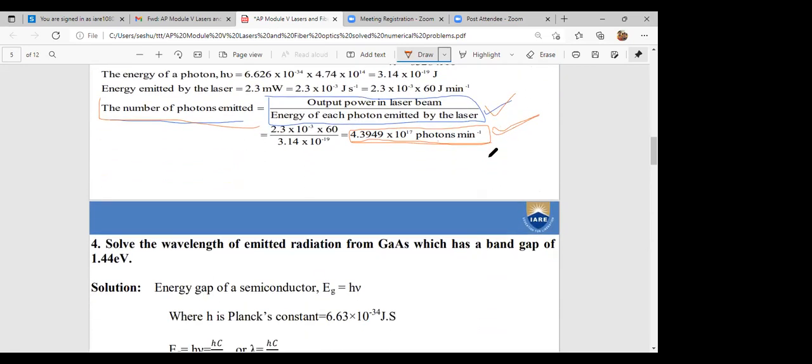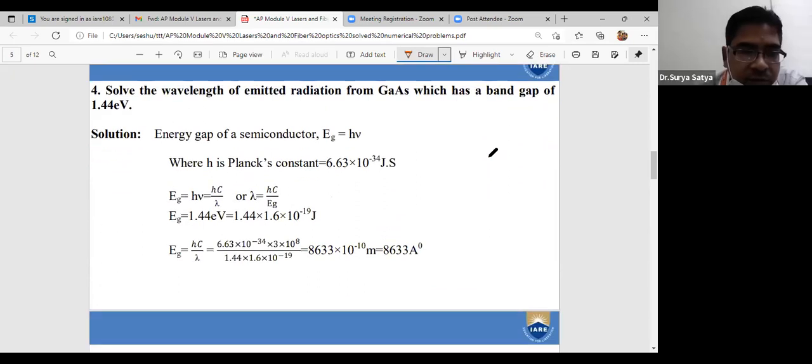So the next question is, find the wavelength of emitted radiation from a gallium arsenide laser which has a band gap of 1.44 electron volts.